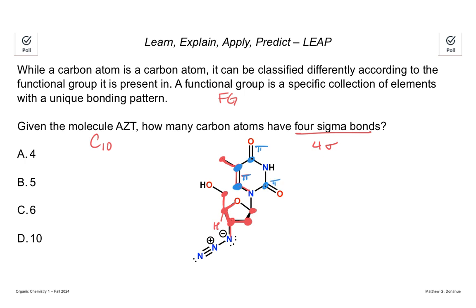And so we have 4 that we have not counted as answering the question. So that's going to lead us to 6 C atoms with 4 sigma bonds. So our answer is C.